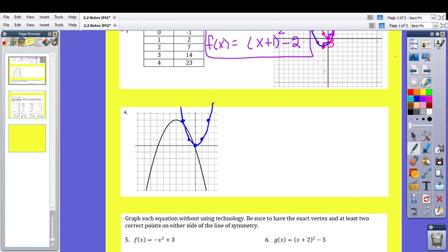But now let's find out how our function moves. So you can easily see it's upside down. So your function will be having a negative.